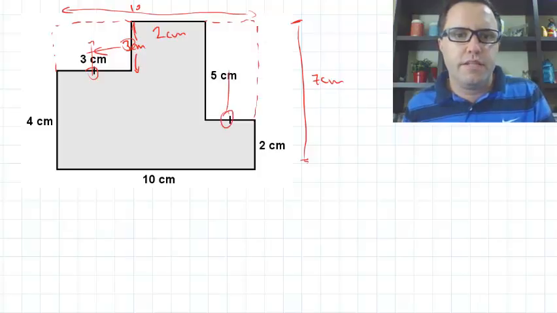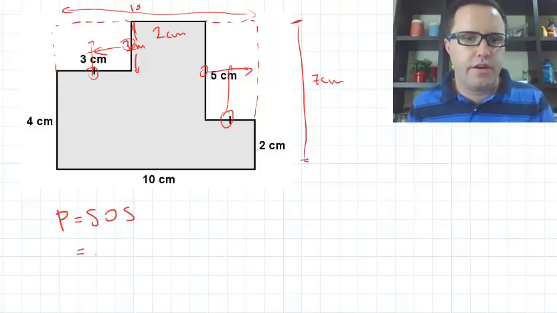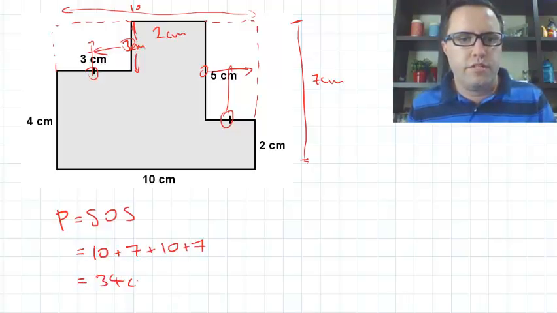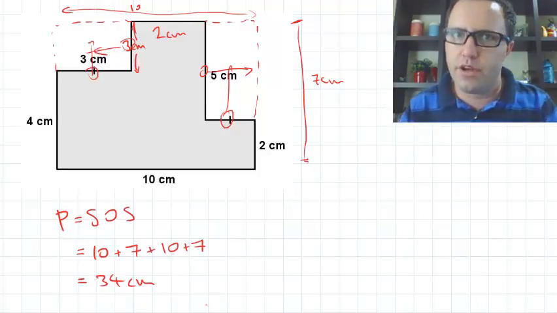We can move this piece up there and this piece over there, and we've just got a big rectangle that's 10, 7, 10, and 7. So our perimeter would be sum of sides if you had done this little change here, and you can go 10 plus 7 plus 10 plus 7, and you would have 34 centimeters. Okay, you can add it up the long way just to double check, but that's the quick way of doing it. I highly recommend that you go about it that way.